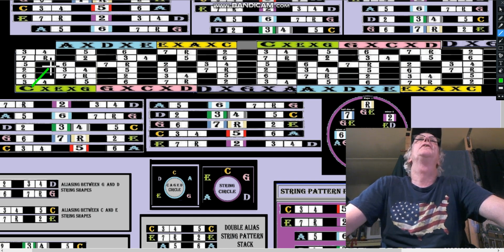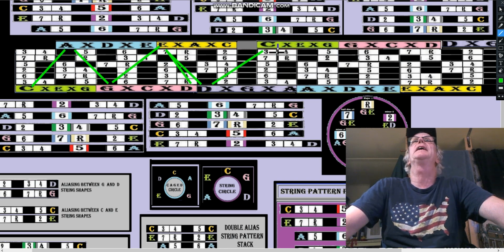So we're going C, A, G, E, D. And then that D goes to this D. Then we start our CAGED over again, where D goes to C again, C goes to A again, A goes to G again, G goes to E again, E goes to D again.